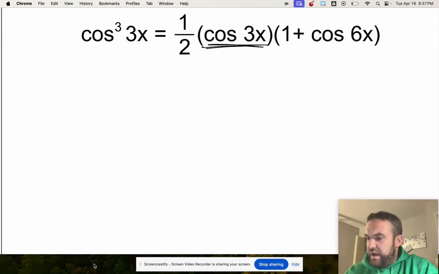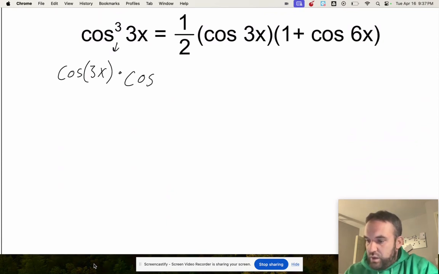And I also see that I have a cosine 3x here. So I'm going to take that cubed, which is just saying cosine of 3x multiplied by itself 3 times, and break this up into cosine squared of 3x. So I have 1 power of cosine on the left and 1 power and 2 powers of cosine on the right.